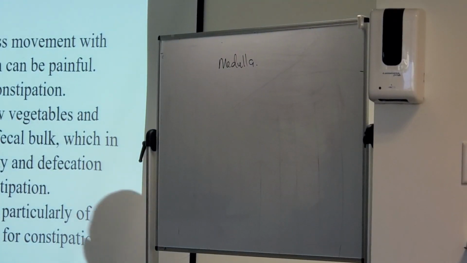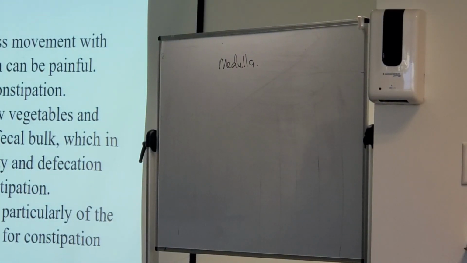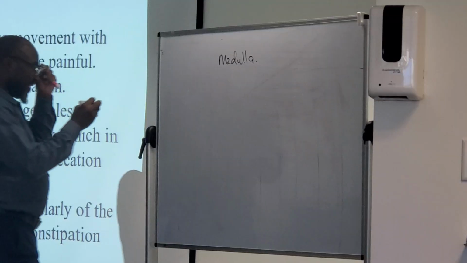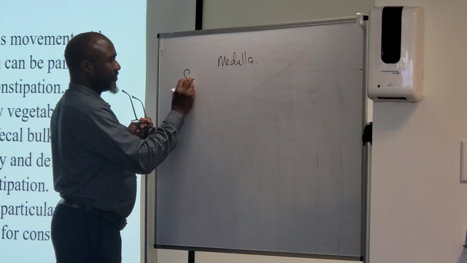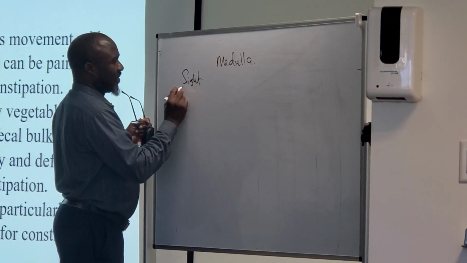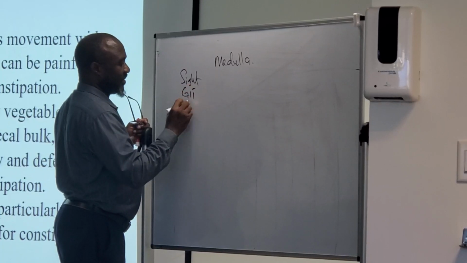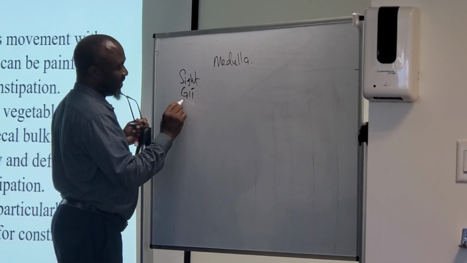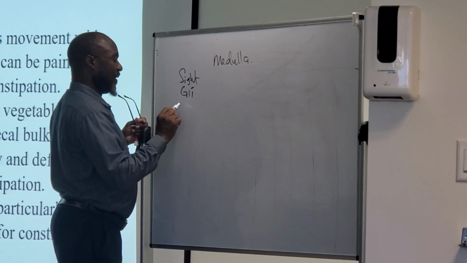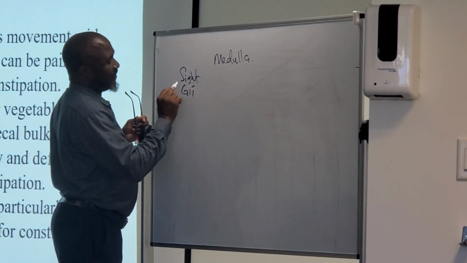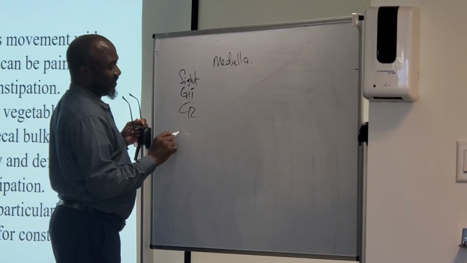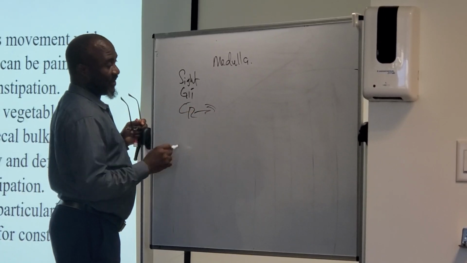The other aspect is that you would have seen some substances that make you vomit without necessarily touching them. Sight. We're going to talk about the GIT. We're going to be talking about the CTZ, that is the toxins that are found in the blood.